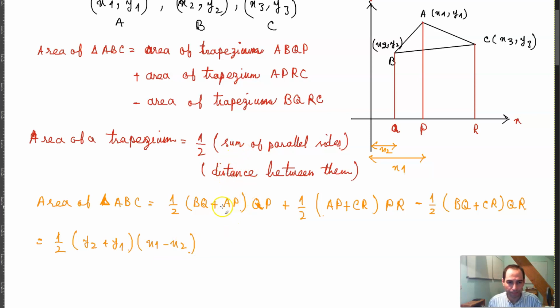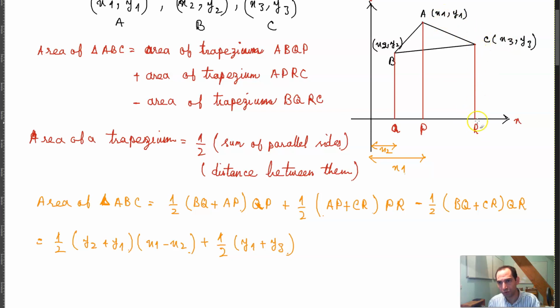And by the same logic, you can write this as 1/2 times AP plus CR. So AP is y1, CR is y3, so y1 plus y3, and PR would be the distance between x3 and x1.